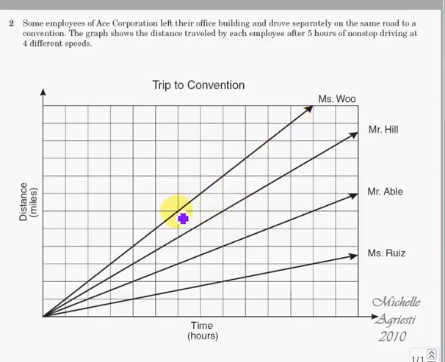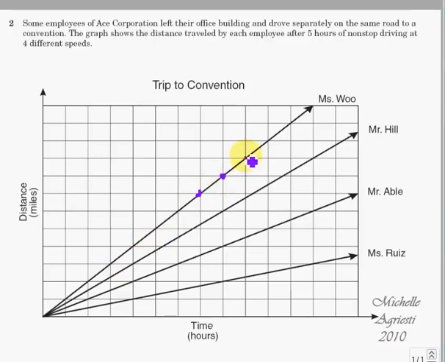So for Miss Wu, what we need to do is find my rise and my run. I'm not given any numbers here, so we'll just go with units. I don't know if each mark is a mile or 10 miles, but it doesn't really matter as long as we're consistent. So I need a place where this line crosses the grid intersection, and for Miss Wu it's pretty easy.